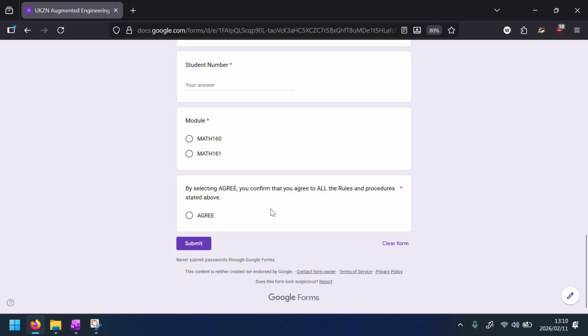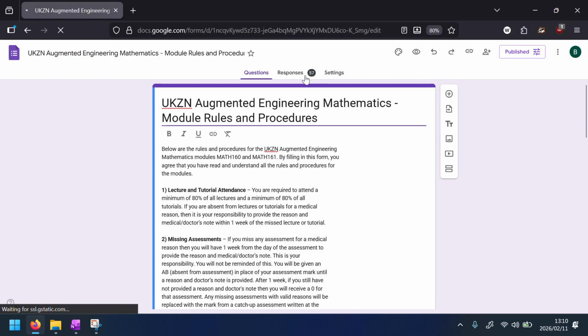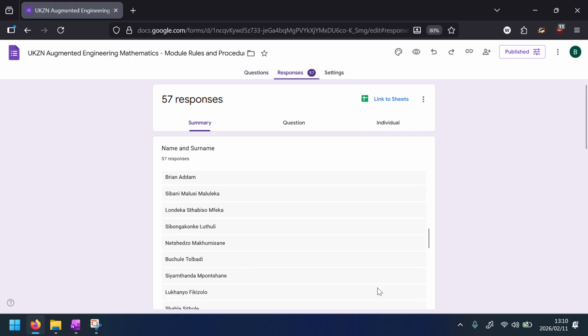Please make sure you do that before the first quiz that we have next week, Tuesday. If you do not fill in this form and click the agree button, your marks will be withheld, which means after the first week, your class mark is 0 until you fill in this form and click agree. So far, very few of you have filled it in.